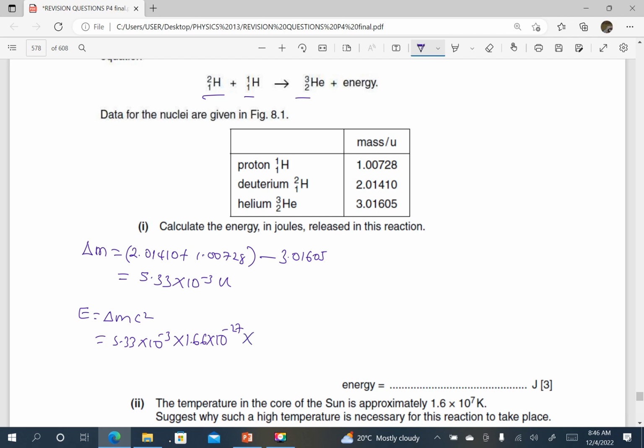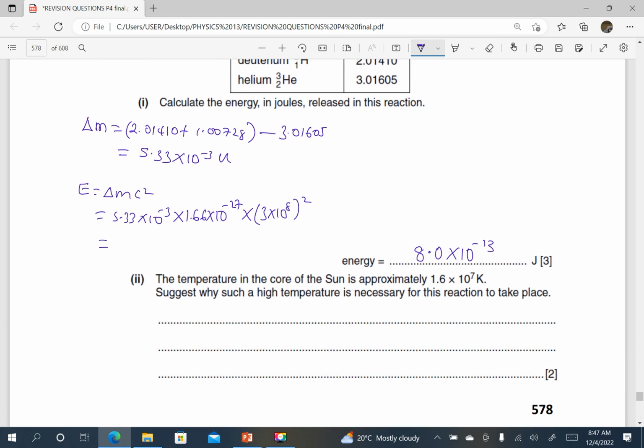Then times the speed of light, 3 times 10 power 8, squared. So this gives me 8.0 times 10 power negative 13 joules.